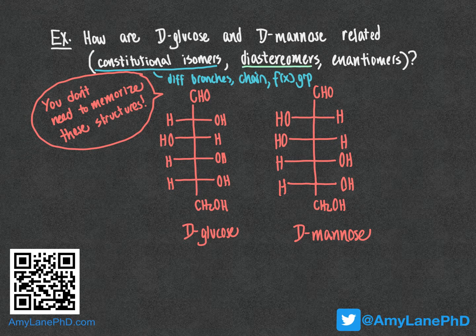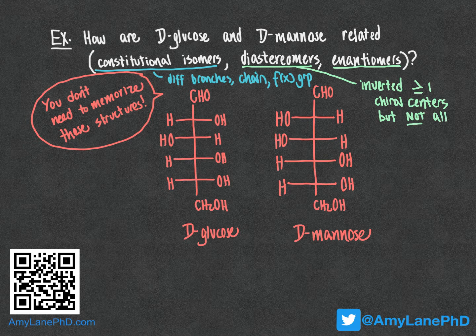In the case of diastereomers and enantiomers, those are representatives of stereoisomers, molecules that differ only in their three-dimensional shape. Diastereomers have inverted one or more stereocenters, but not all of them. And when I say stereocenter here, I'm using that synonymously in this case with chiral centers. So they've inverted one or more chiral centers, but not all of them. In other words, they are not mirror image stereoisomers.